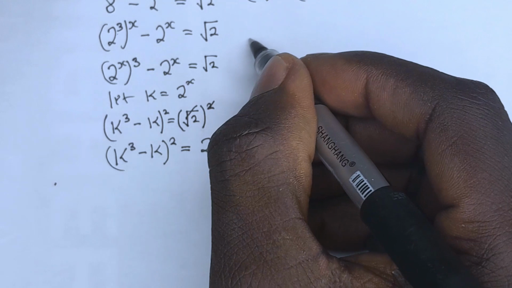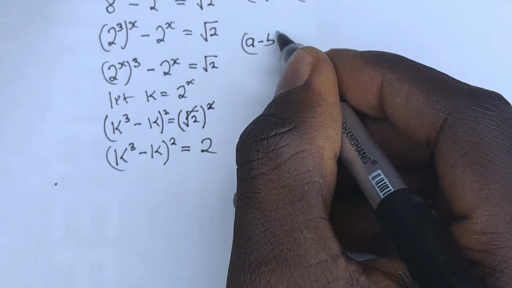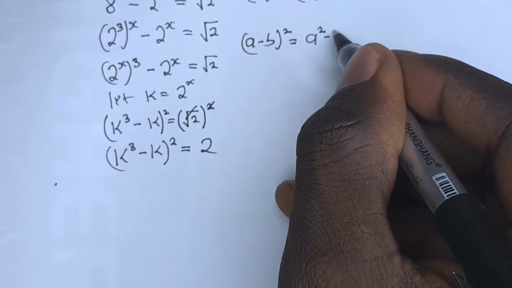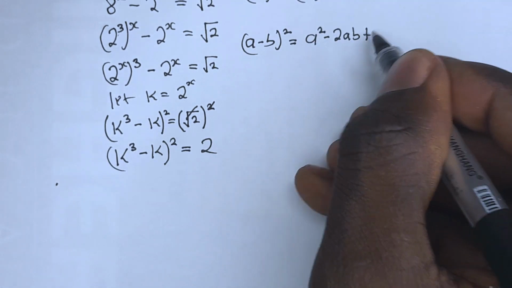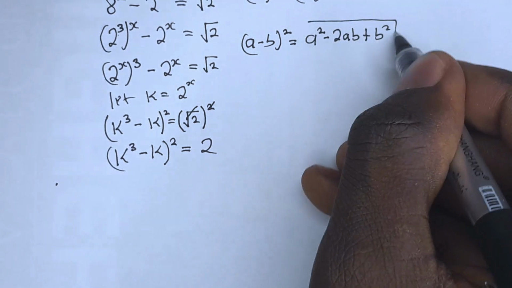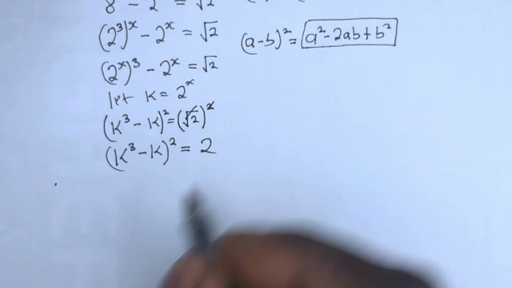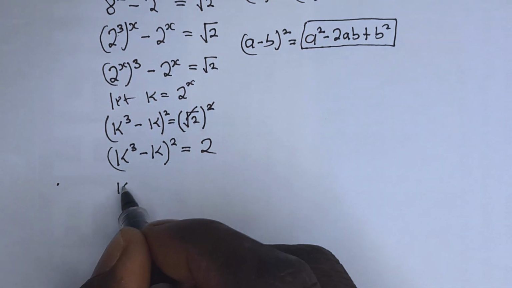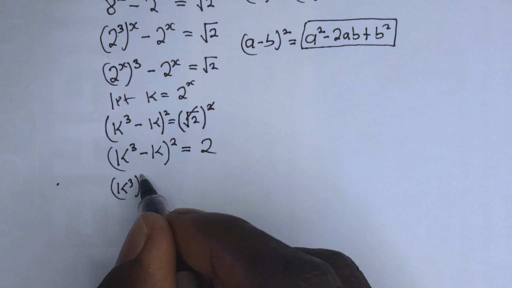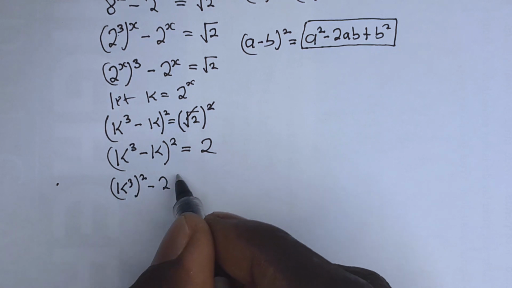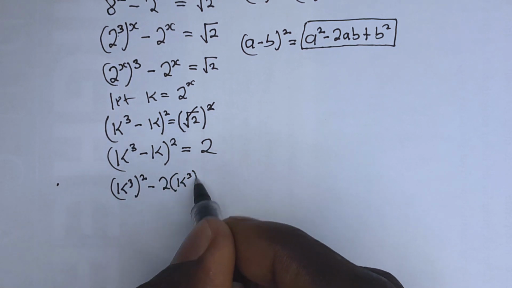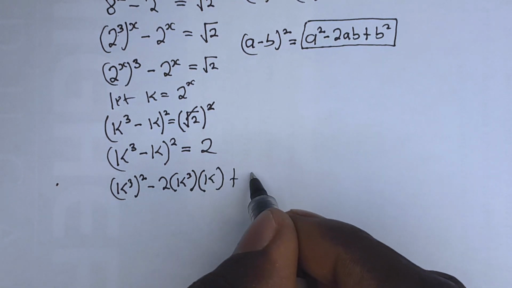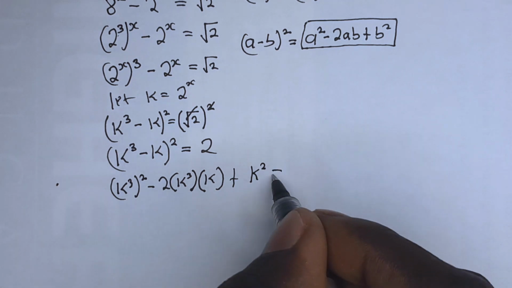Remember that if we have a minus b squared, it is equal to a squared minus 2ab plus b squared. So let's apply this property to the left hand side. Therefore, k to the power of 3 squared minus 2 multiplied by k to the power of 3 times b plus b squared, which is equal to 2.